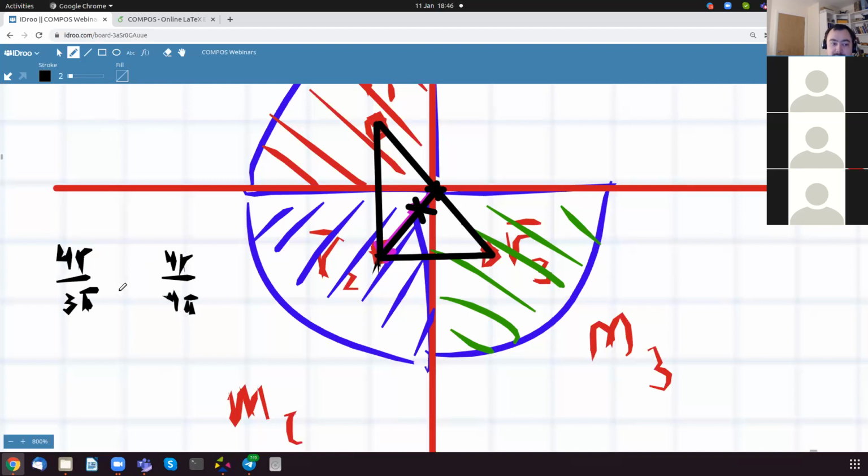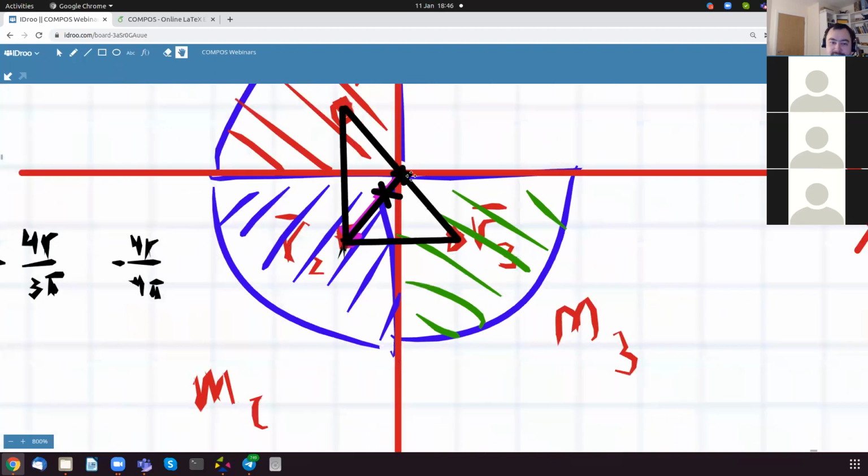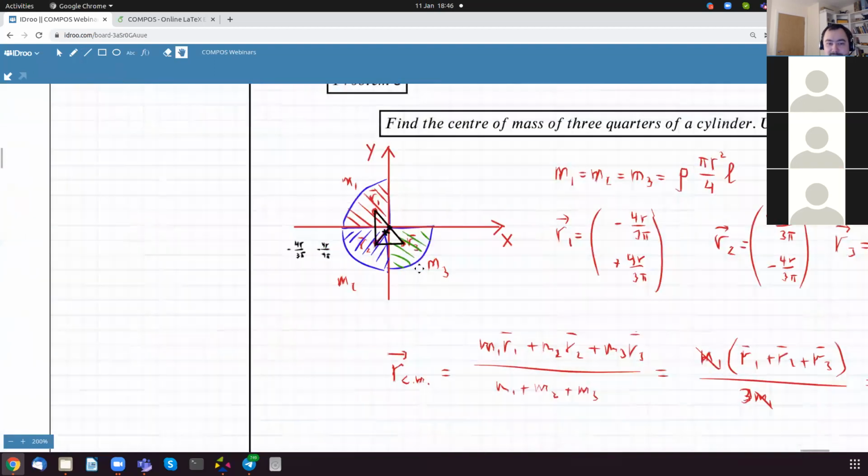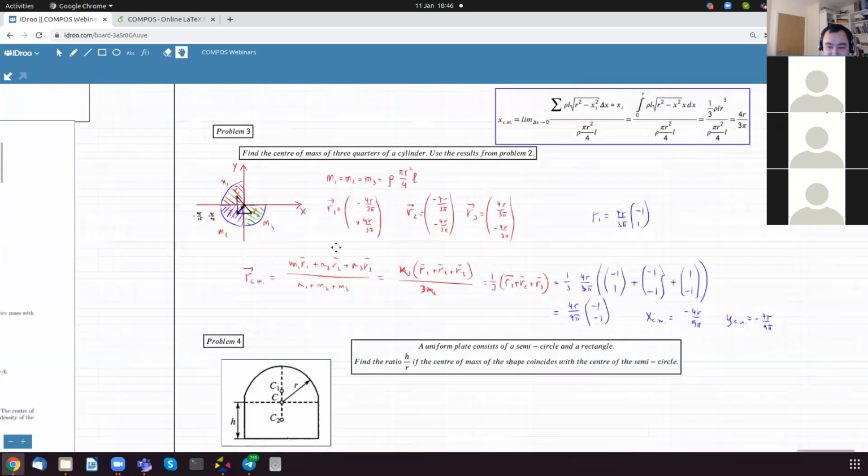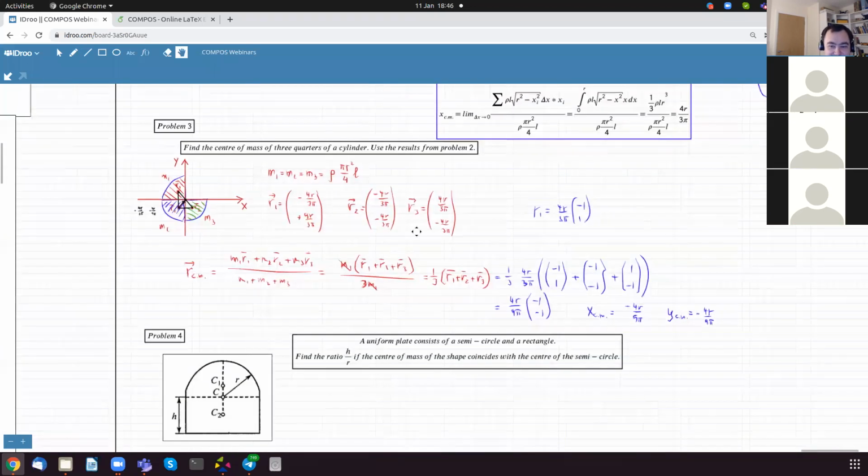So the x coordinate, well, minus, of course, minus. Okay. So I find this very satisfying. I don't know how you guys.